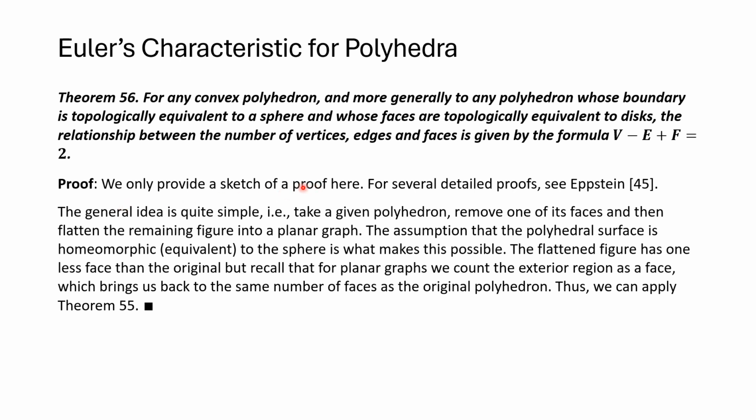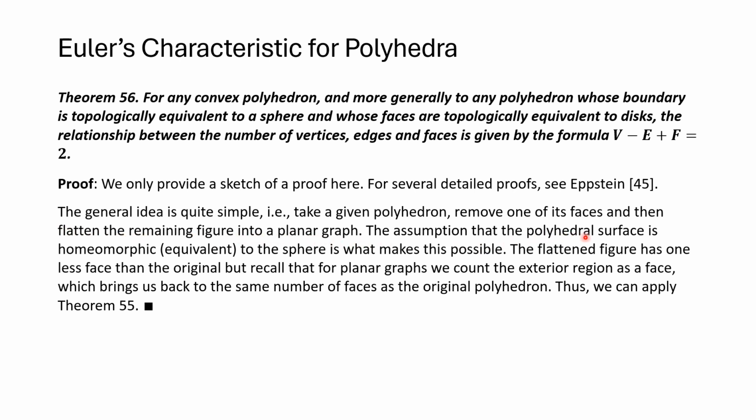The actual proof is not easy. It takes quite a bit. I gave a reference here, Epstein's book. But just in general, to give you an idea, you take a given polyhedron and remove one of its faces. Think of a cube, take the top off, and then flatten the remaining figure into a planar graph.